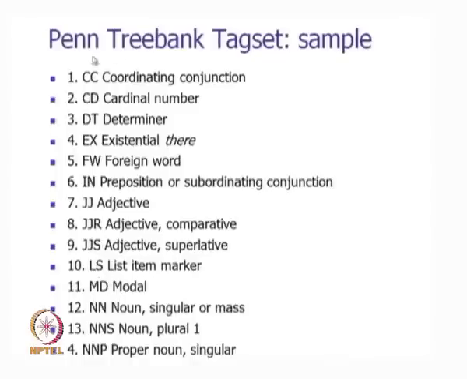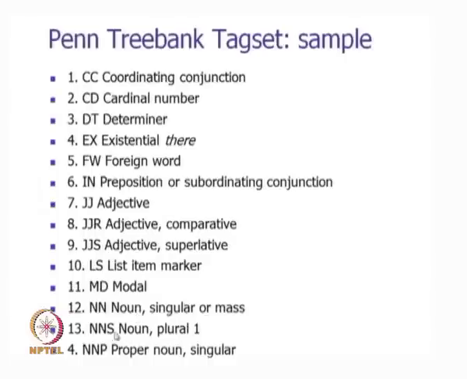Now, how is this tag set created? The tag set is created by a lot of insight into the way the language operates and the words in the language are placed with respect to each other. All right. So, some points of thought are: why is it that English has a tag for singular noun and a separate tag for plural noun?